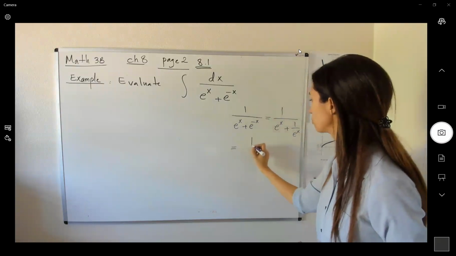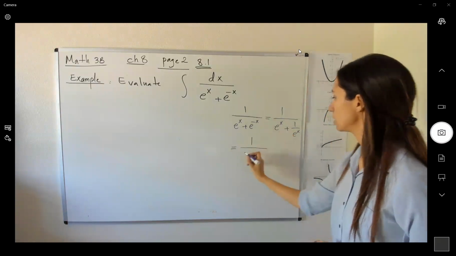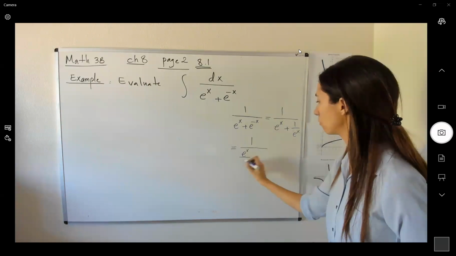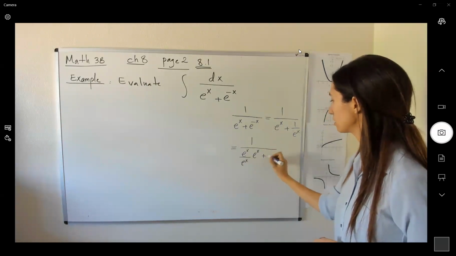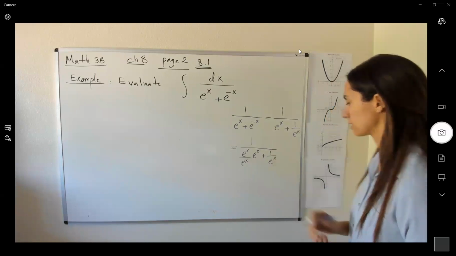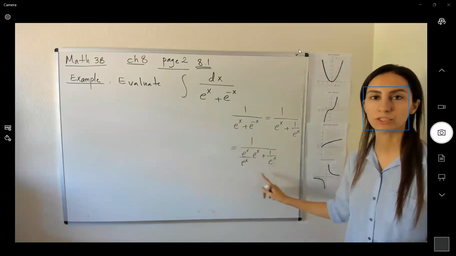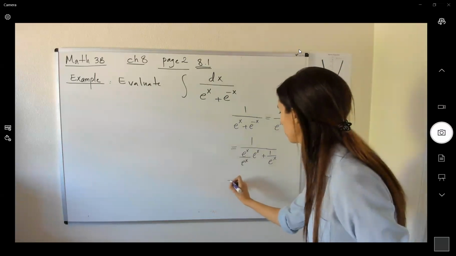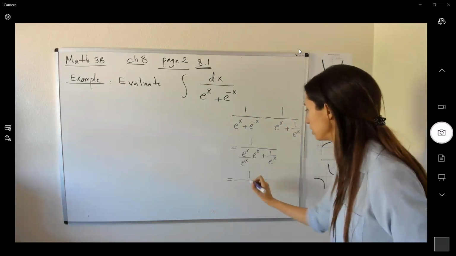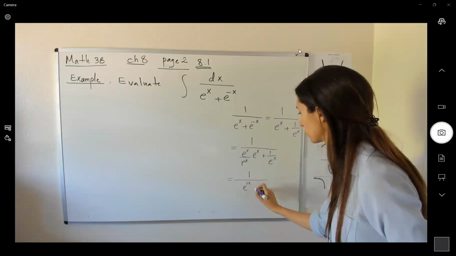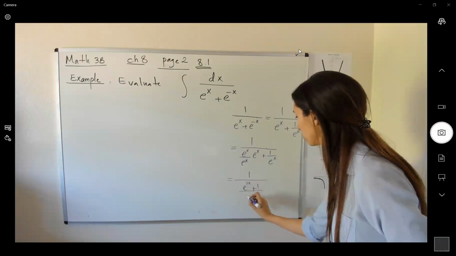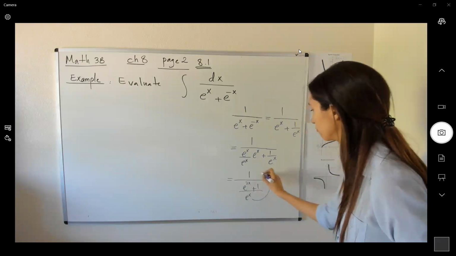This guy is equal to 1 divided by e to the x over e to the x times e to the x plus 1 over e to the x. I'm going to take the common denominator between these two, which is equal to 1 over e to 2x plus 1 divided by e to the x. So I can flip this.